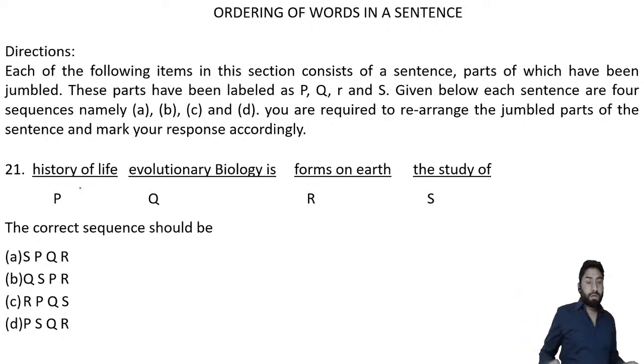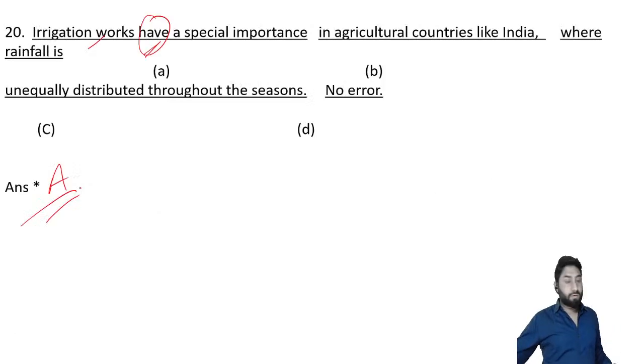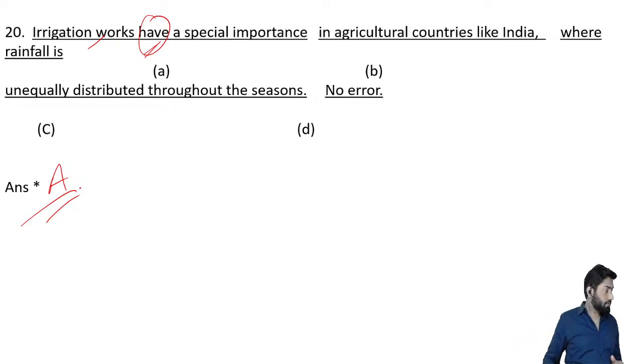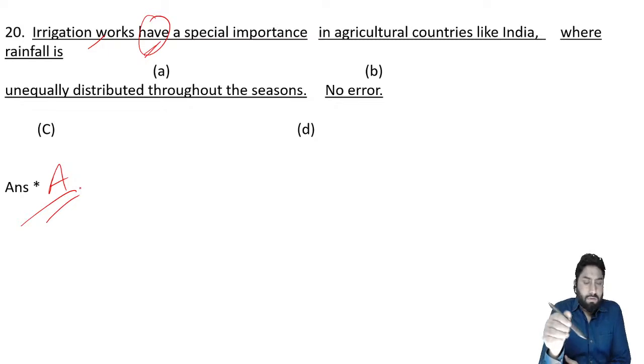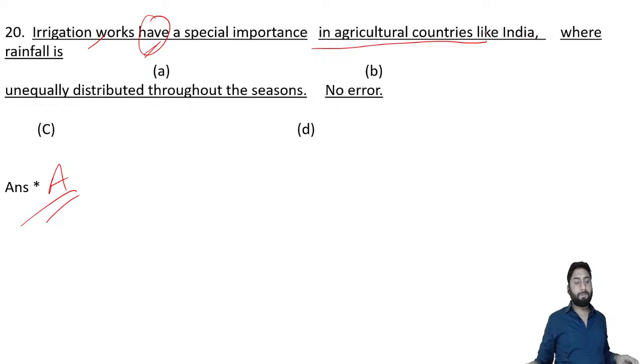So error questions we have already almost done. Where's 20th? C. Irrigation works. This question was checked in the paper. Paper में कुछ और दिया था यहाँ पे. It was an, I think. If that is the case, you can check that. Let me check it.